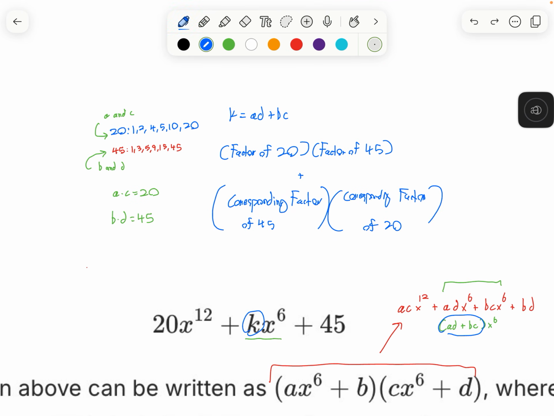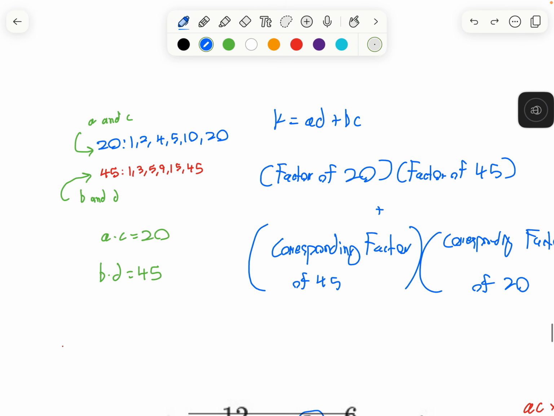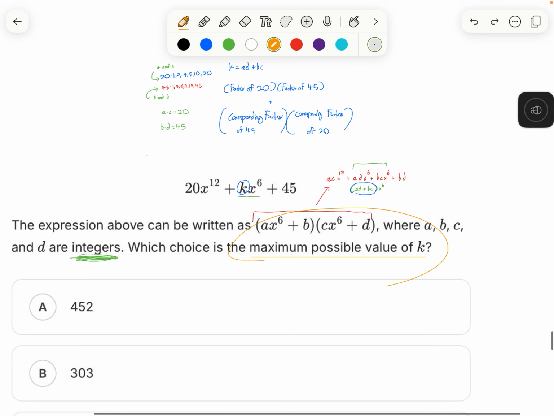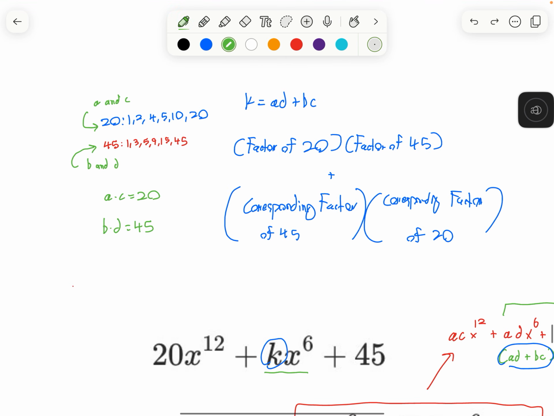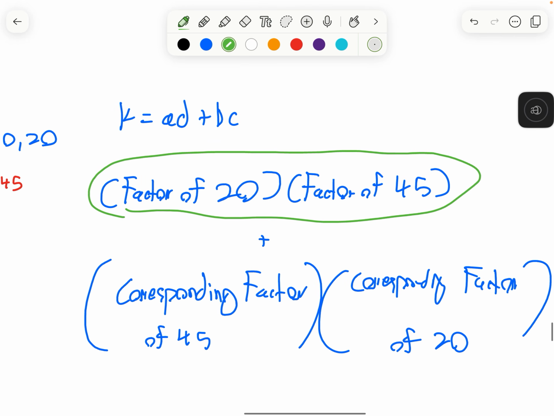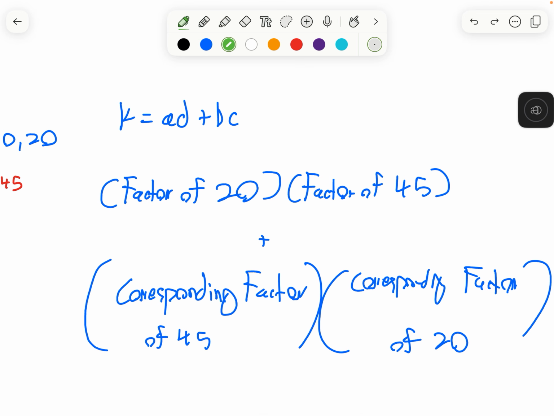Well, you'll realize that a factor of 20 times a factor of 45. If you're trying to find the maximum possible value, we want the largest possible A times D, or B times C, right? We want the largest possible product of the factor of 20 times the factor of 45.